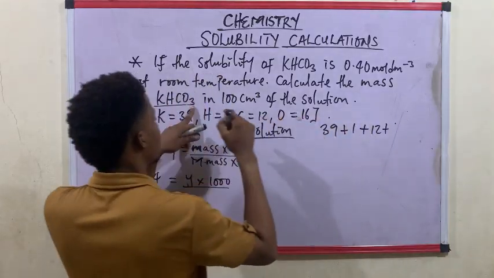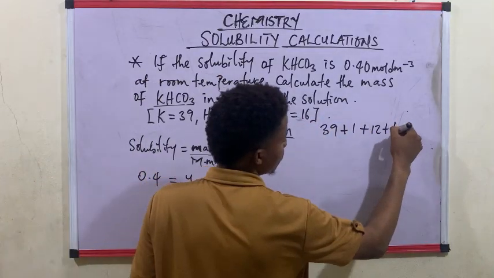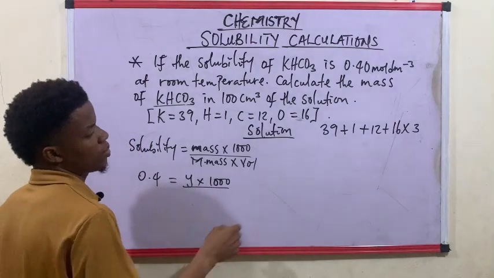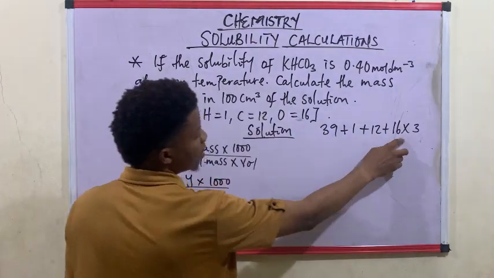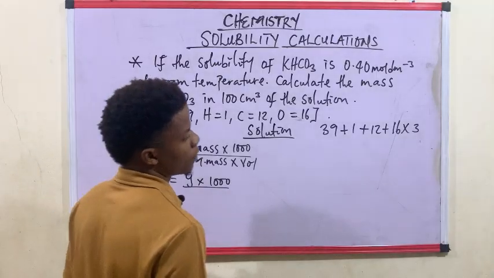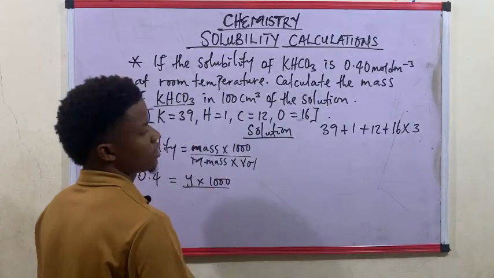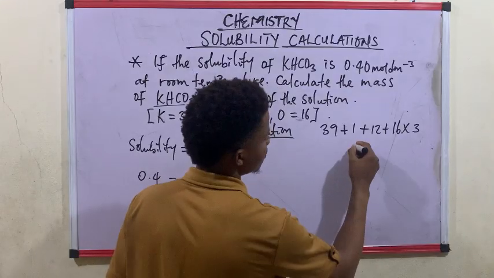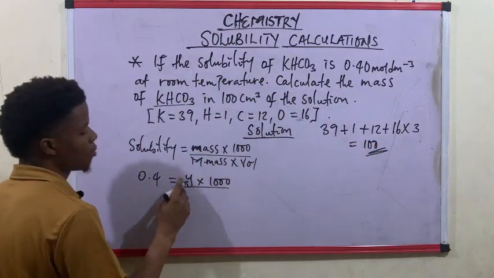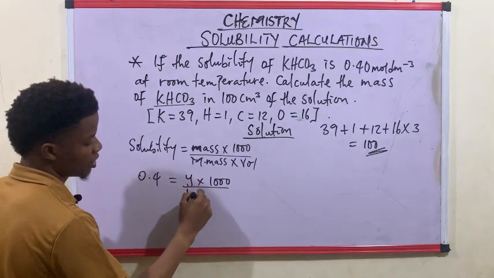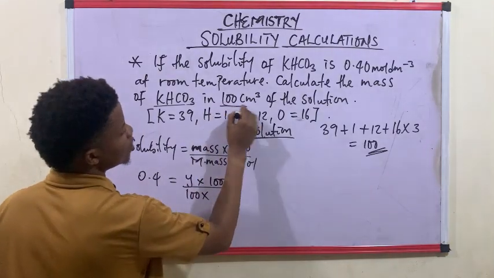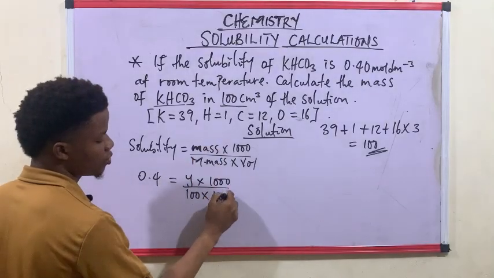This 3 here is affecting oxygen, so it becomes 16 times 3. So when we add up, this is 40, this is 48, that will give us 88, plus 12 is 100. So our molecular mass is 100 times, what's our volume? Volume is 100 centimeter cube, so put 100.